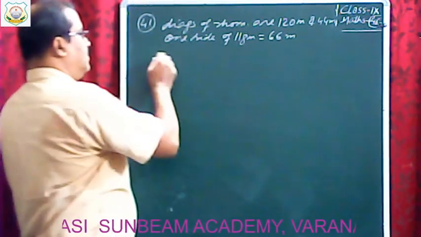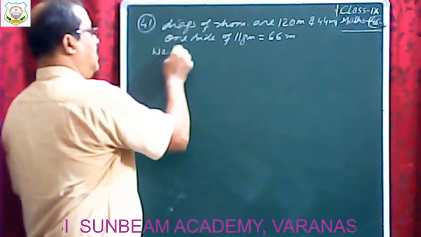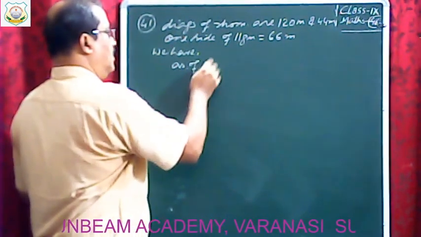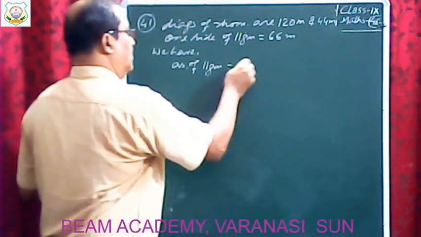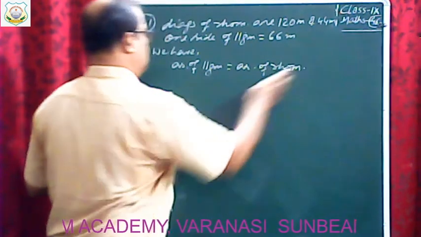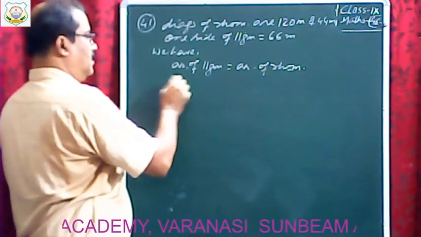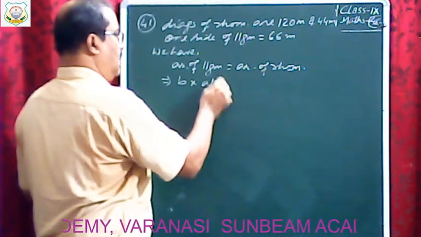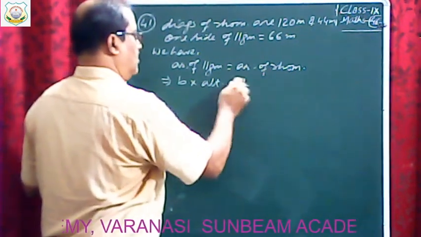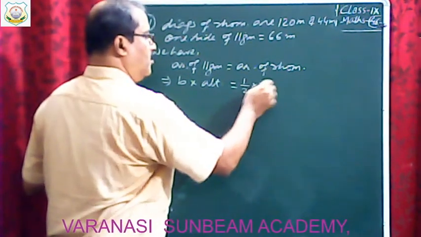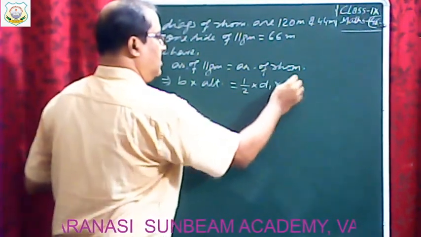What we have? We have area of parallelogram equal to area of rhombus. Area of parallelogram is base into altitude or height. Area of rhombus is half into product of diagonals, d1 into d2.